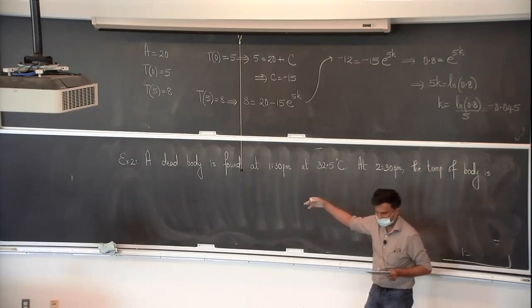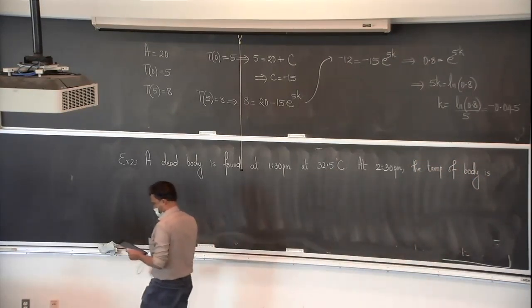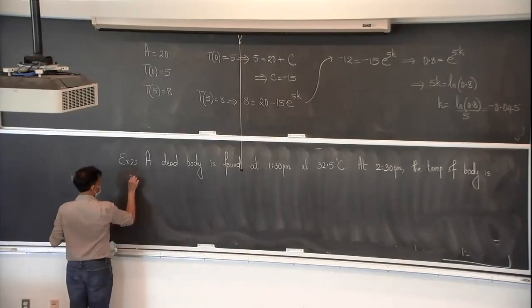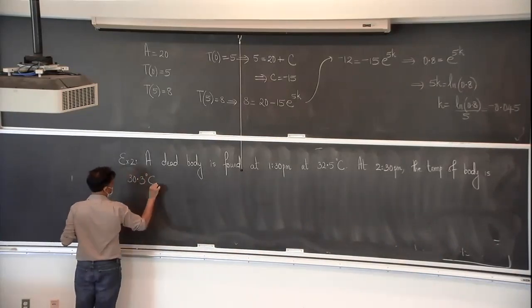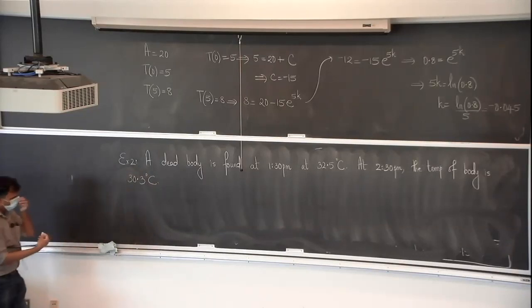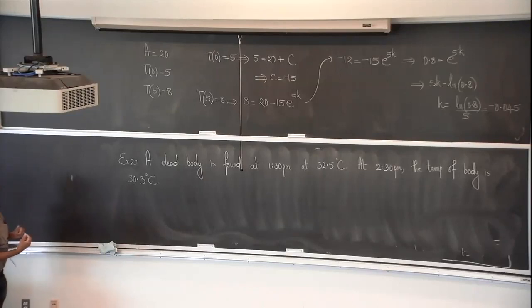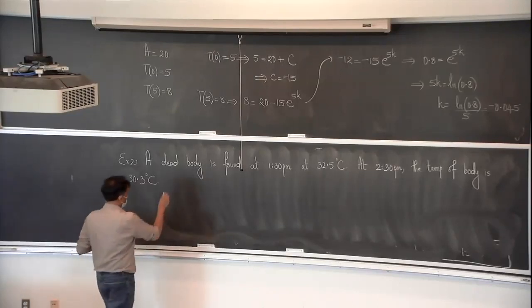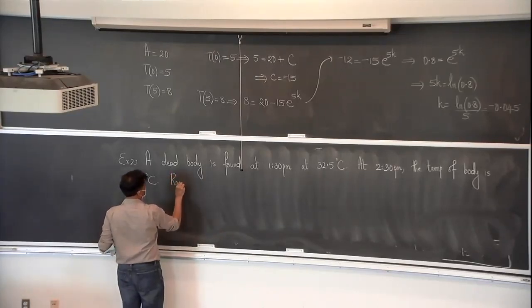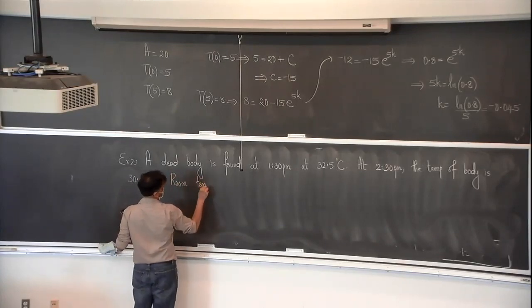Less than, okay, body cools down, unfortunately. 30.3. The room temperature is still 20 degrees Celsius.